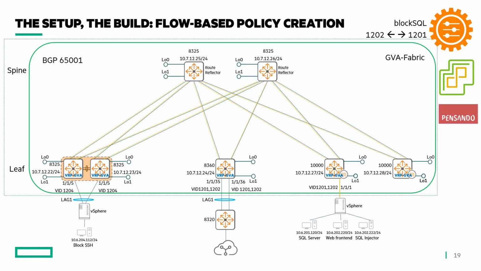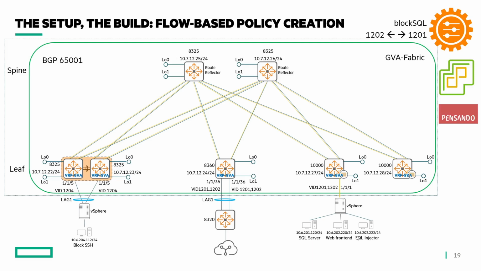Now let me show you the diagram here. You can see I have the vSphere host with 3 VMs sitting on it. I have an SQL server, which is basically a back-end server, on 201.120.